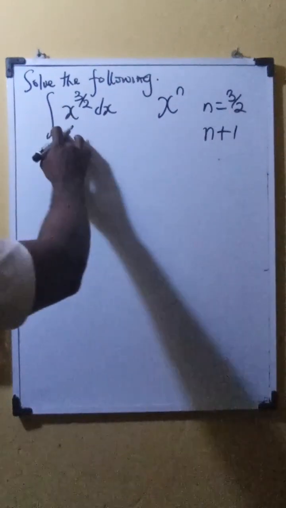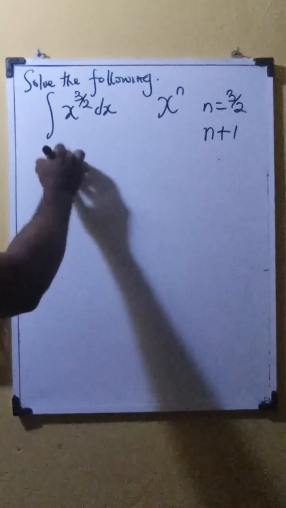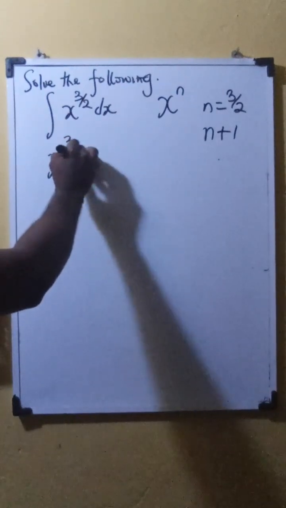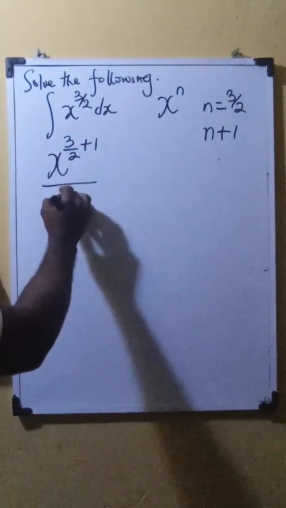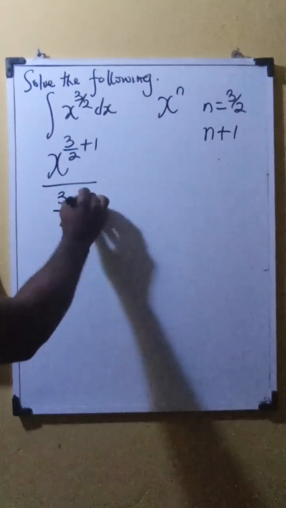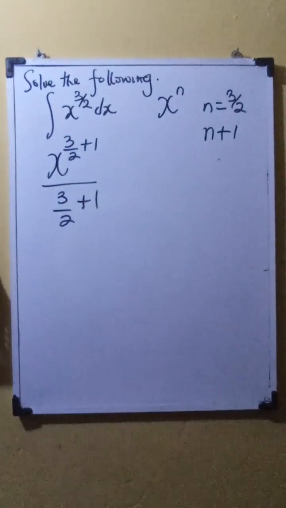So what you do now, you're going to have x raised to 3 over 2 plus 1 divided by 3 over 2 plus 1. That's what you are going to have in this case. But what we are going to do now is separate that 3 over 2 plus 1 and take care of it alone.